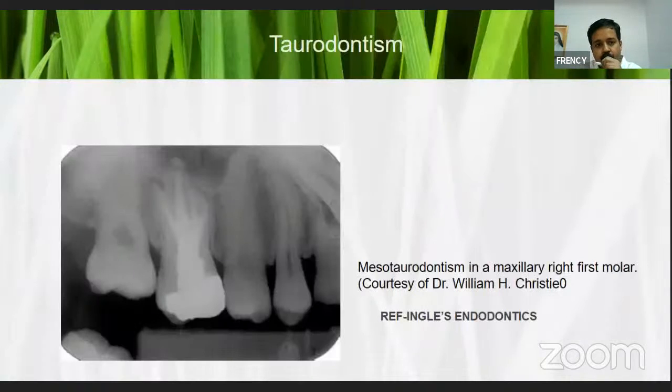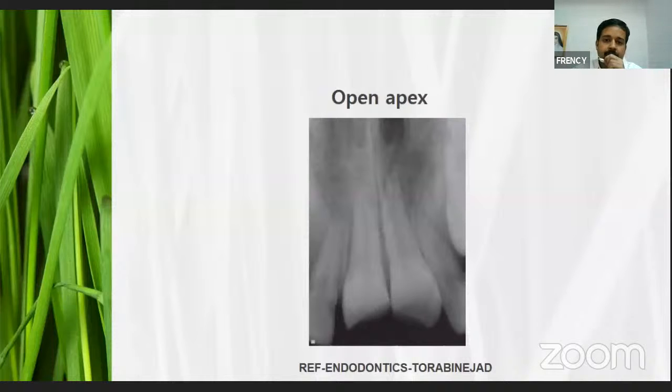This is a mesotaurodontism. Then always consider the root apex status, whether it is an open apex or closed apex. Always consider the age of the patient and the status of root formation before starting root canal treatment, because sometimes you will get these types of cases in your routine clinical practice. It may be a young boy about 9 or 10 years old.